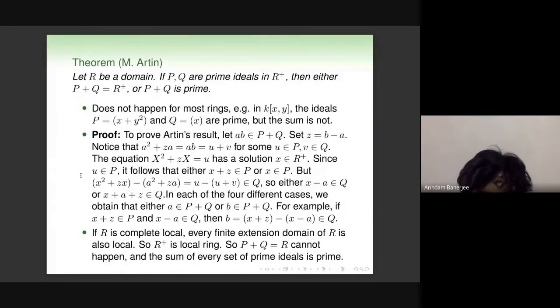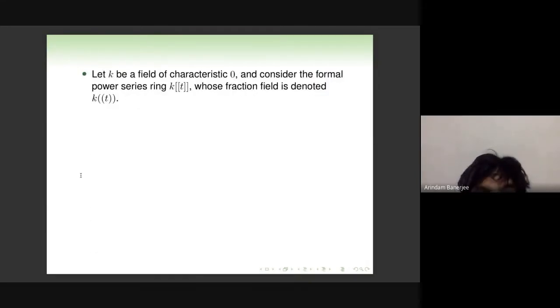Suppose R is complete local. Every finite extension domain of R is also local. So R plus is a local ring, so P plus Q equal to R plus cannot happen, and the sum of every pair of prime ideals is prime. This together makes R plus a ring with very unique properties.